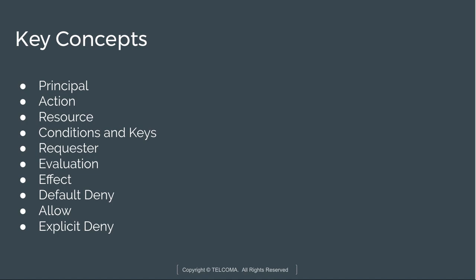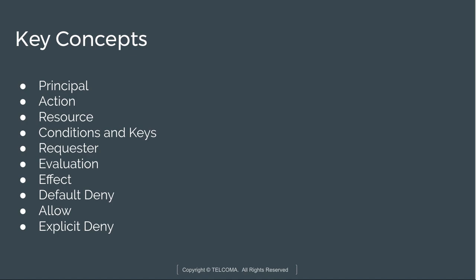Now let's talk about principal. A principal is the person or persons who receive the permission in the policy. Action is an activity that the principal has permission to perform.